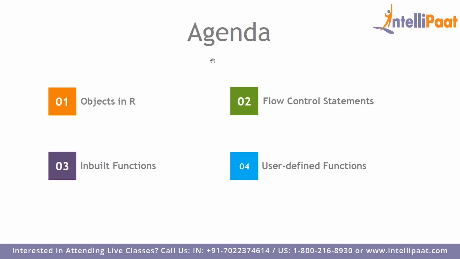If you want to automate your reports, automate your data science work, this helps you do that. Then we'll cover a few inbuilt functions and move on to defining our user-defined functions, right? Post that, we'll cover data manipulation, and if time permits, we'll also jump onto data visualization. So that's the agenda for today.